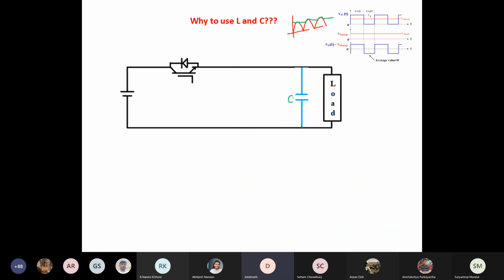Whatever is coming to your mind, you can tell, right? We can discuss. This is an ideal switch. Forget about other things. Assume that this is just a switch. Forget about the symbol now. It's an ideal switch. Do you think this is a good solution?